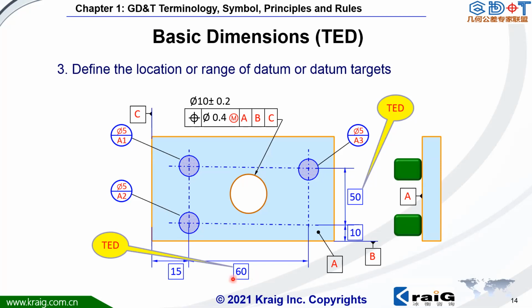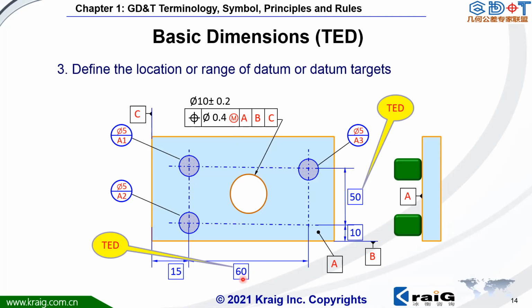We have seen there's a TED between the datum target here. This 60 is TED only used to define the datum target. Where is this datum target located? This TED is not used to define the geometric tolerance.